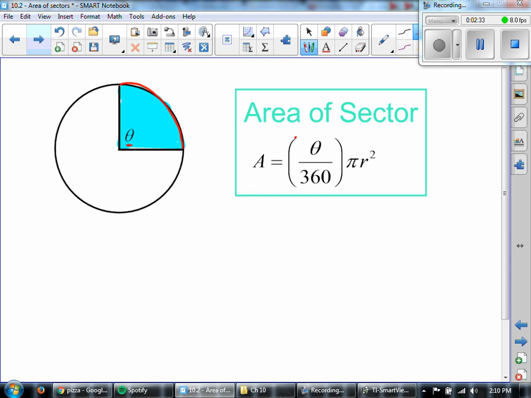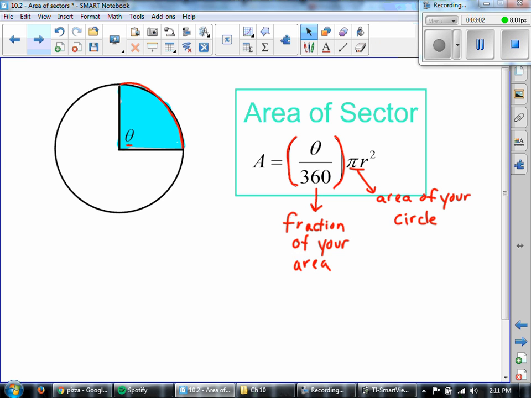So over here, inside this parenthesis here, theta over 360 says the fraction of your area. And this right here, the pi r squared, this whole part right there, is the area of your circle. Okay. So area of a sector is nothing more than the fractional part of the whole area of the circle we're looking for.